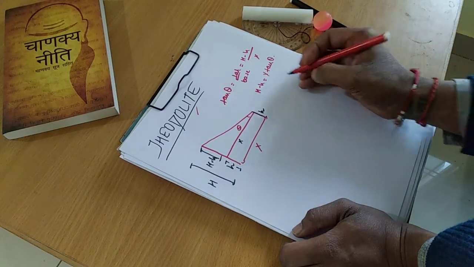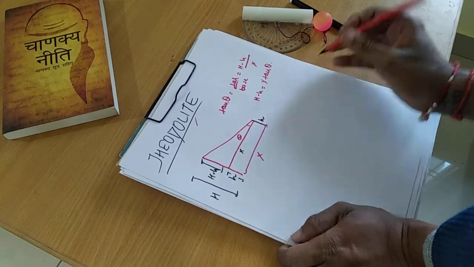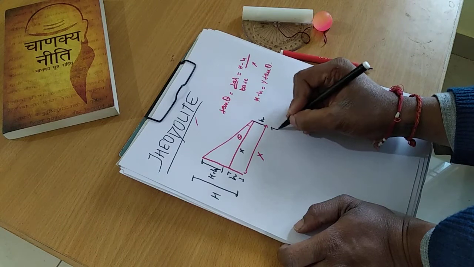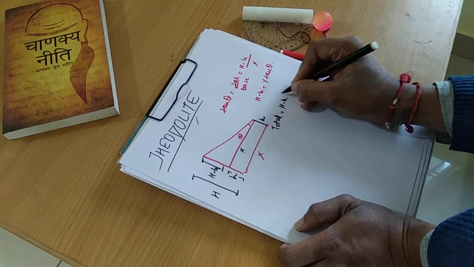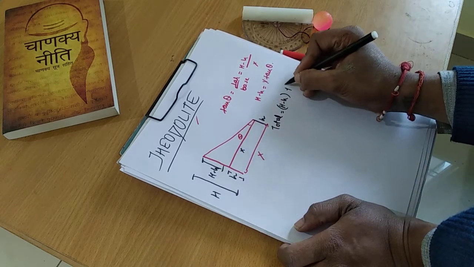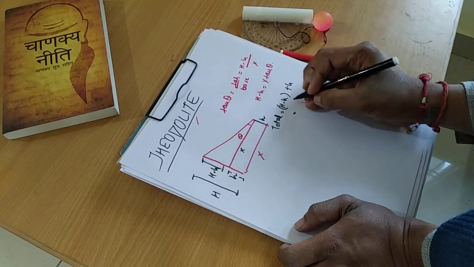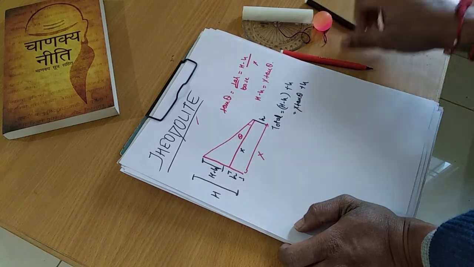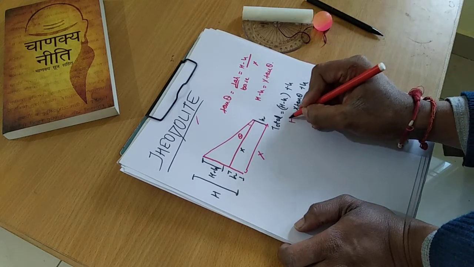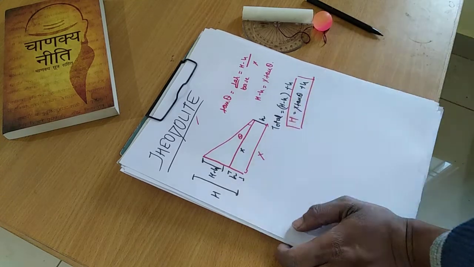Now obviously the total height will be this H minus h plus this h. So H minus h is equal to x tan theta, and this is our height. So we can say that capital H is equal to x tan theta plus h.